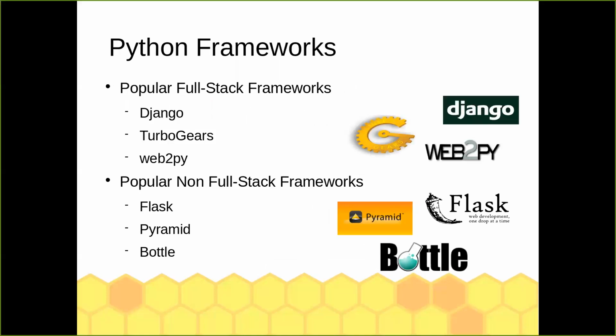Python frameworks. These are the most popular Python frameworks. Django. Django makes it easier to build better web apps more quickly and with less code. Django is a high-level Python web framework that encourages rapid development and clean, pragmatic design. It lets you build high-performing, elegant web applications quickly.